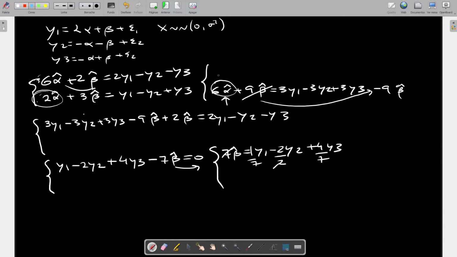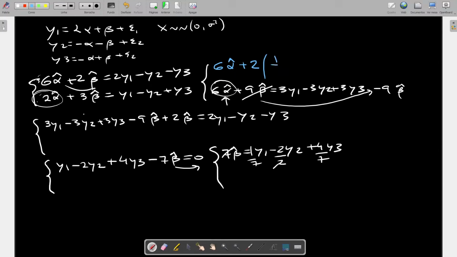And for alpha, now that we have this expression for beta, we can substitute it here. So we have 6 alpha plus 2 times the full expression that we have for beta.